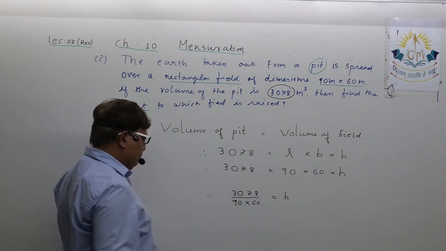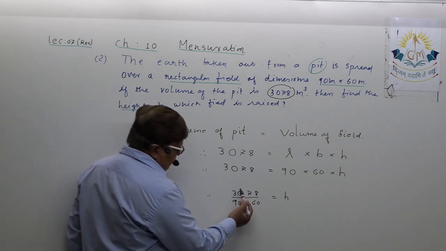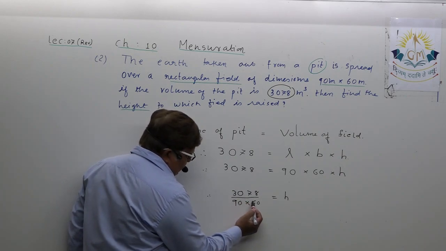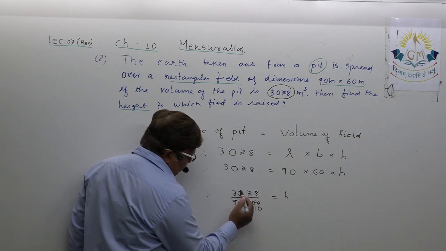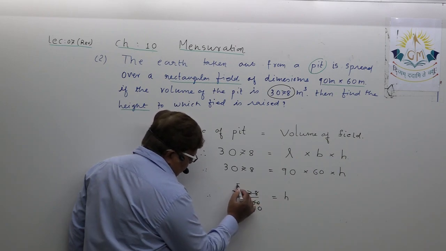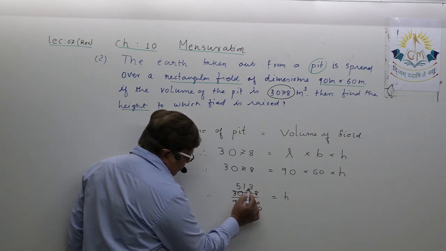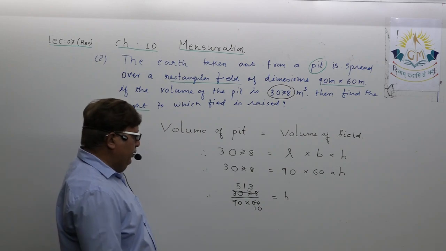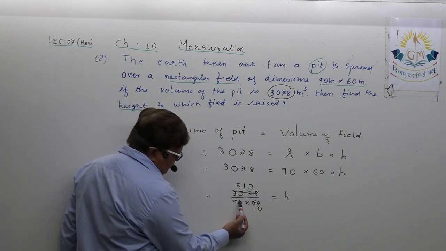Okay, let us just go on cancelling. 6 10s are 60, 6 5s are 30, 6 1s are 6, 1 left, 3. Okay, both are cancelable.